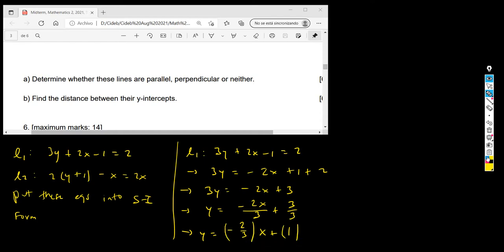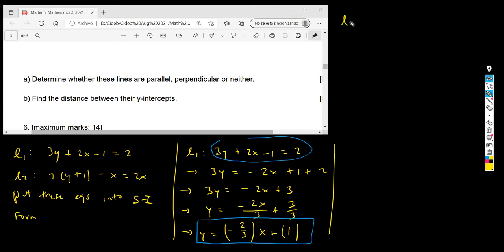There you go. This is the slope-intercept form of this particular equation, which is line 1. And I do exactly the same for line number 2.